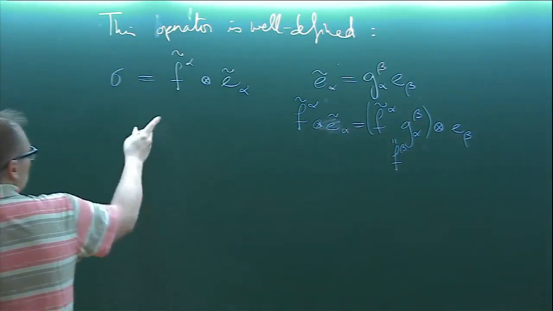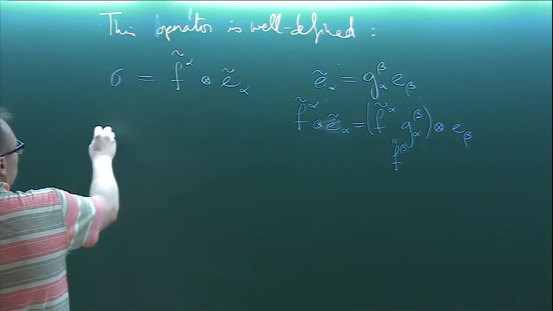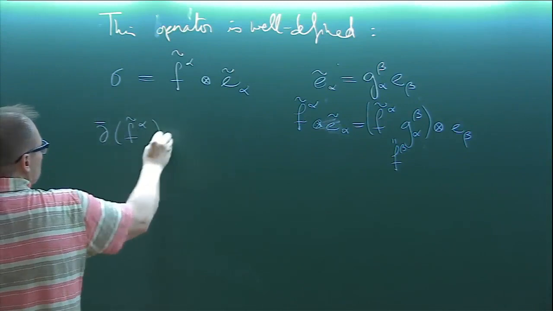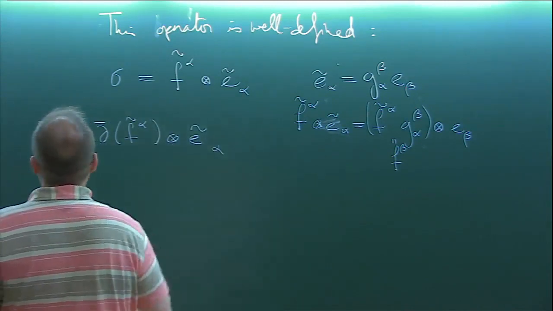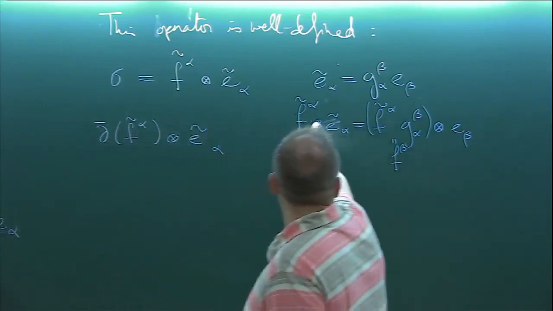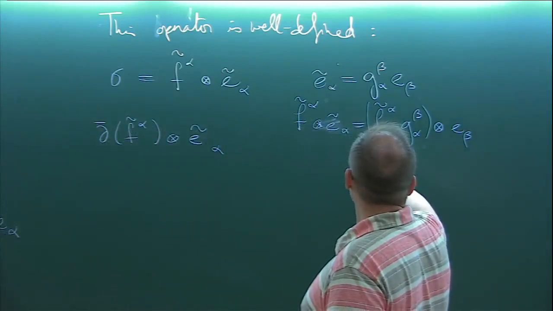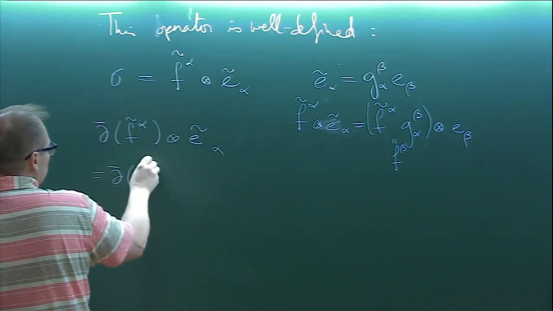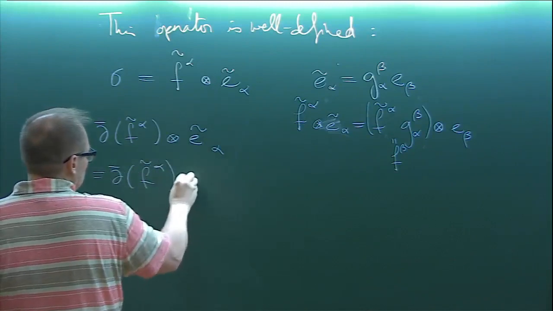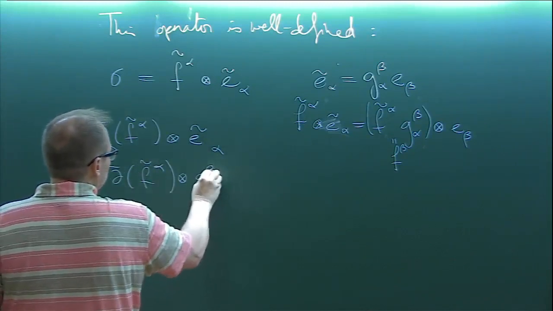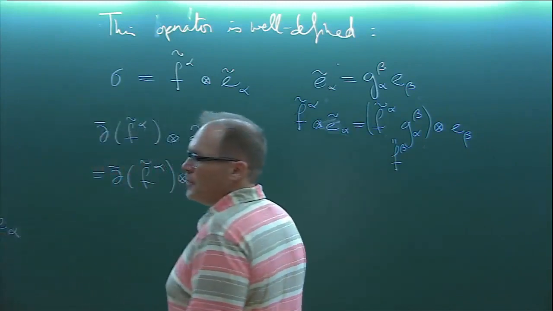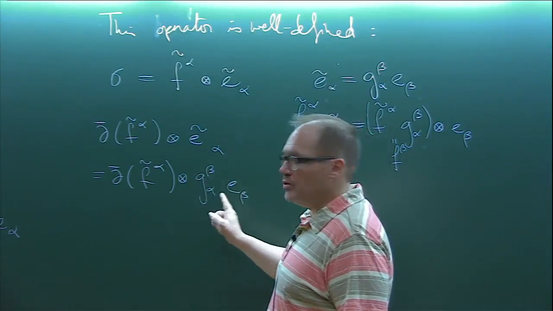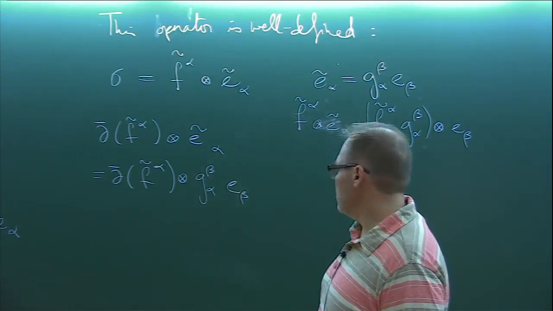So now if I compute d-bar of f-tilde_α tensor e-tilde_α, this is equal to d-bar of f-tilde_α tensor g_{αβ} e_β. These are just matrix multiplications. So these are functions, treated as numbers pointwise multiplying these vectors.